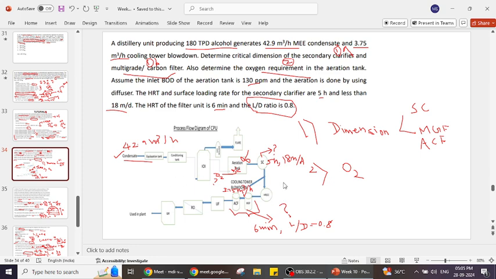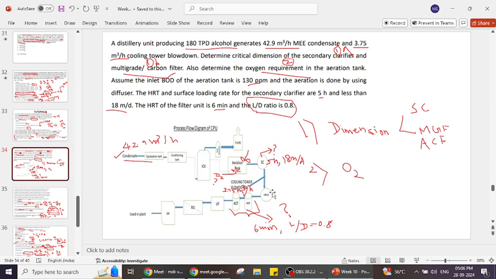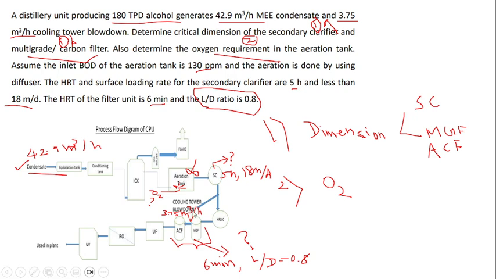This term is not used for the calculation. How much water is blown down is not calculated here.